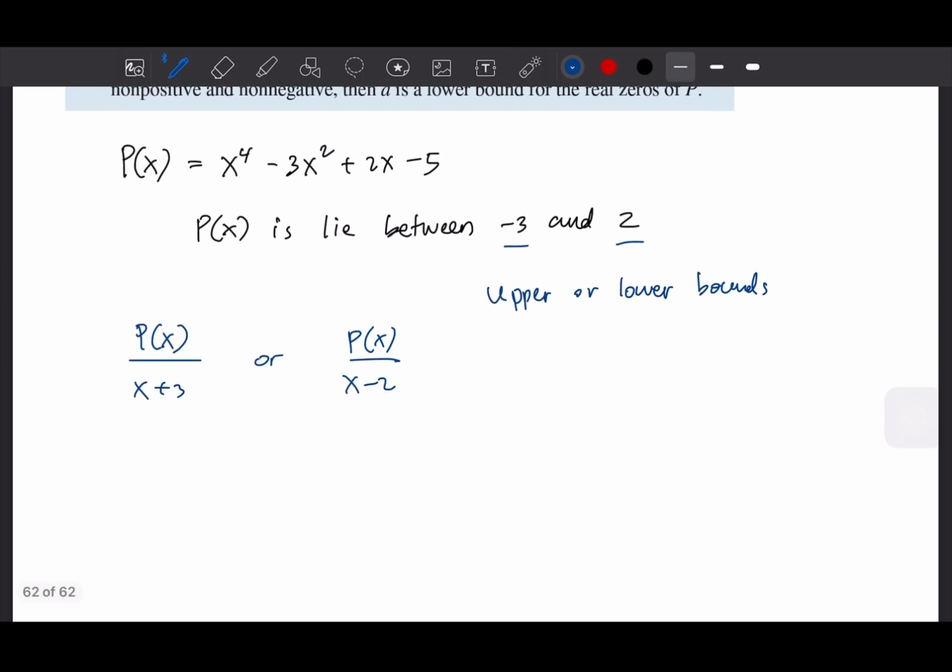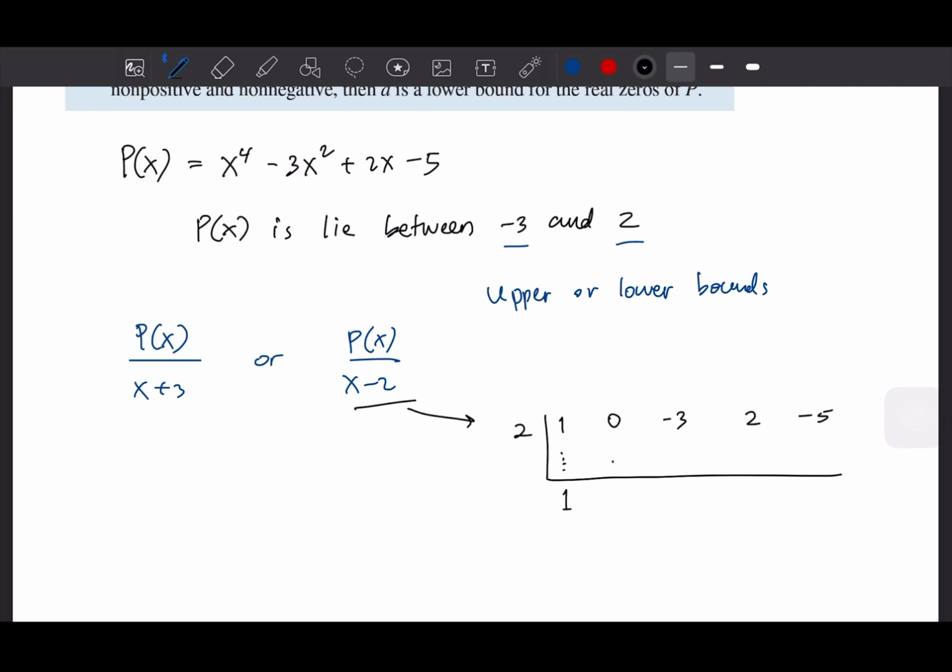So we start with the first one. Or let's say we start from the x minus 2. Well, I think we can start from anywhere. So let's start from this 2, and then we have 1, 0, -3, 2, -5.